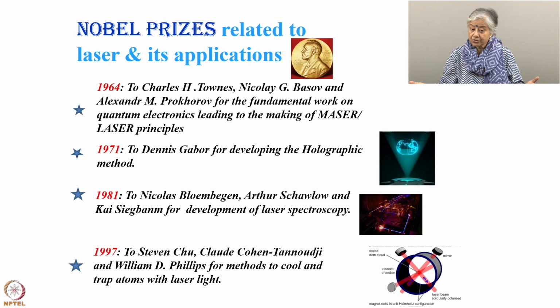So there are many spectroscopic methods. One is Raman spectroscopy, one is laser induced breakdown spectroscopy, emission spectroscopy, absorption spectroscopy, and all of them use laser light. Okay, so without laser these wouldn't have been possible.